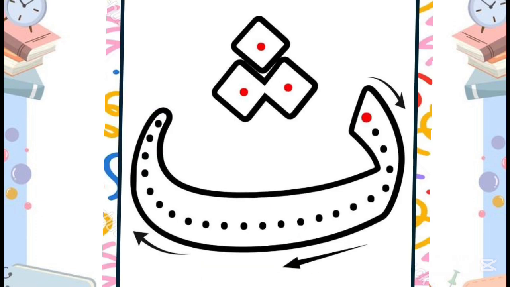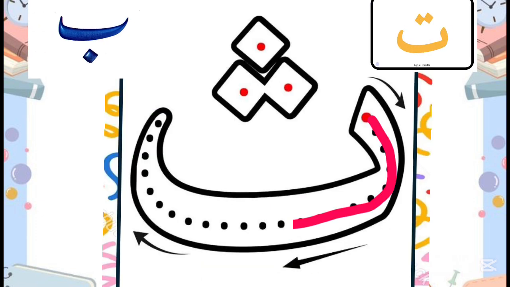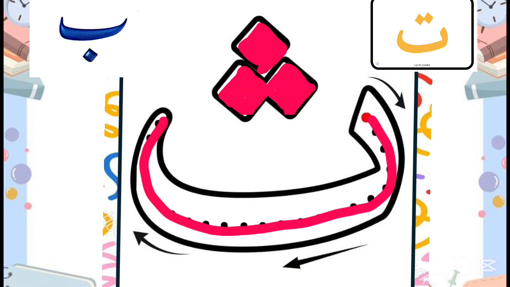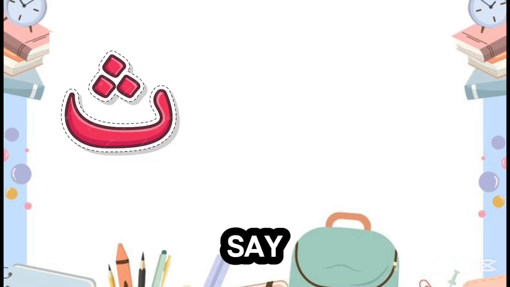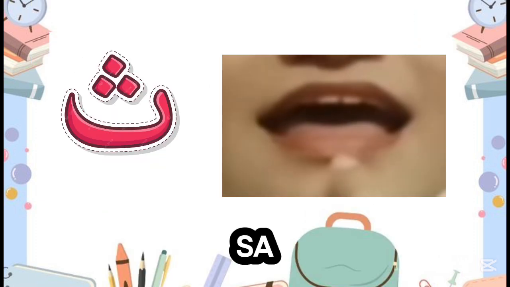The fourth letter is Tha. Its shape is also the same as Ta and Ba, but it has 3 dots on top, while Ba had just 1 in the bottom and Ta had 2 on top. Its sound is very delicate and soft. Show your tongue between your teeth and say Tha.